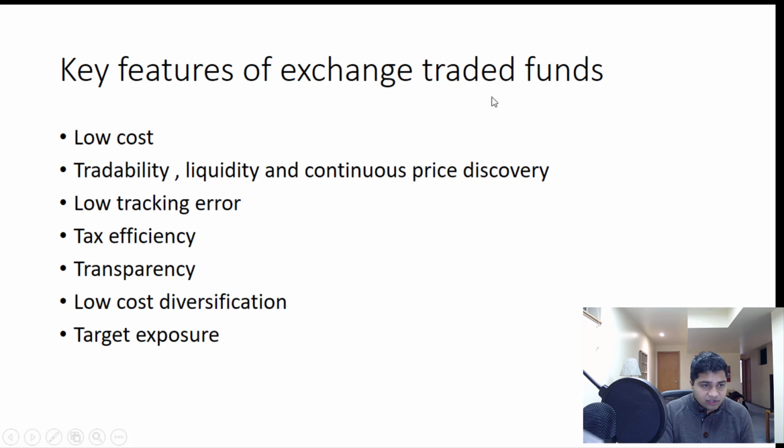The next feature of exchange traded funds is low cost. The cost of exchange traded funds is generally low. It is low because the management expense ratio is generally low. Most of them are passive, so the MER reflects that. Another factor is there is no trailing commission. If you go into a mutual fund, there can be front end, back end, as well as continuous commissions that you have to pay.